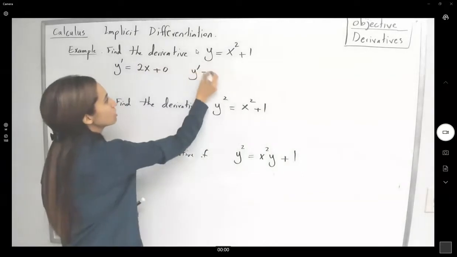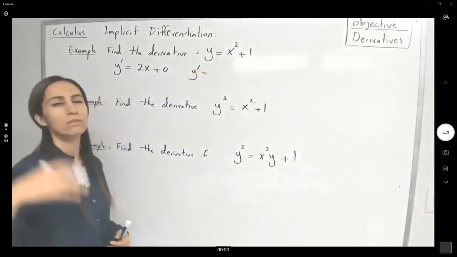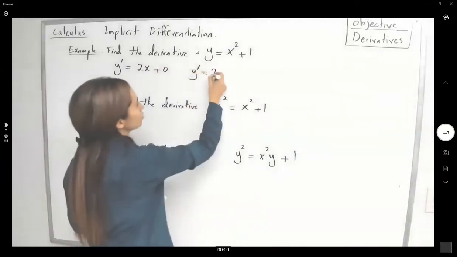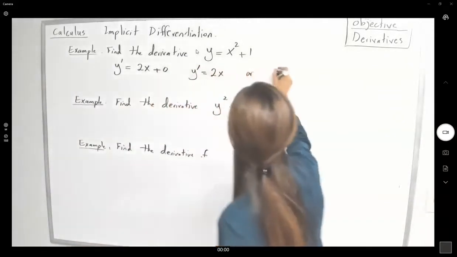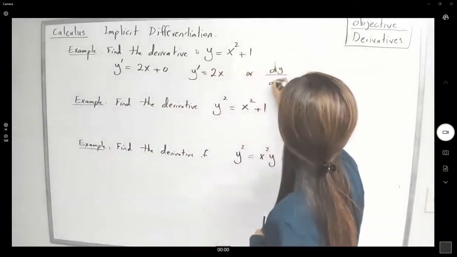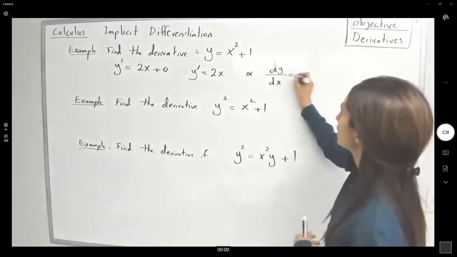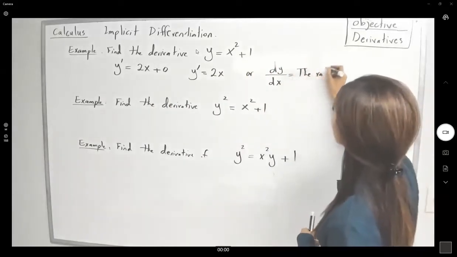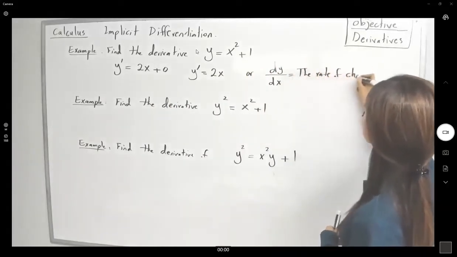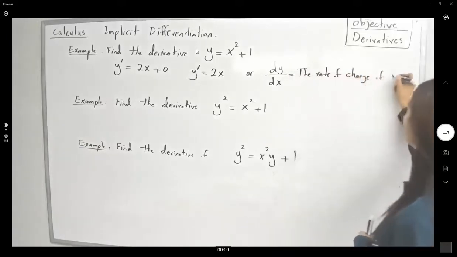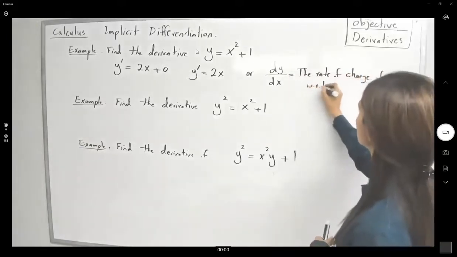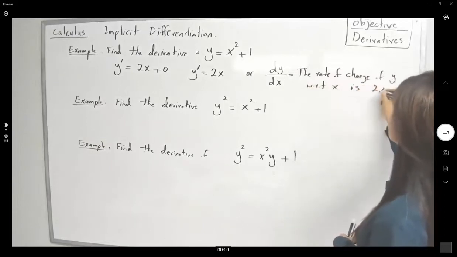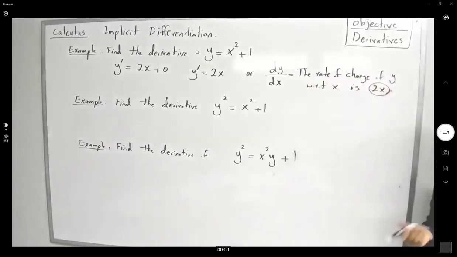So you can quickly write down y prime, or dy/dx, is equal to 2x. That is, the rate of change of y with respect to x is 2x. That makes sense.